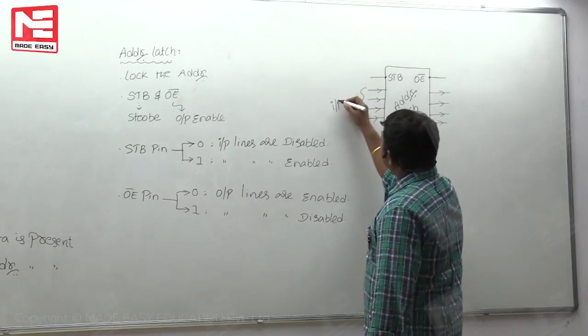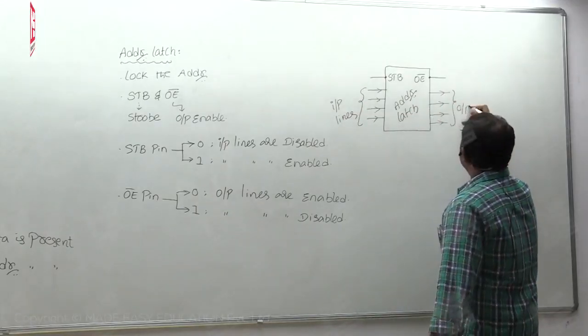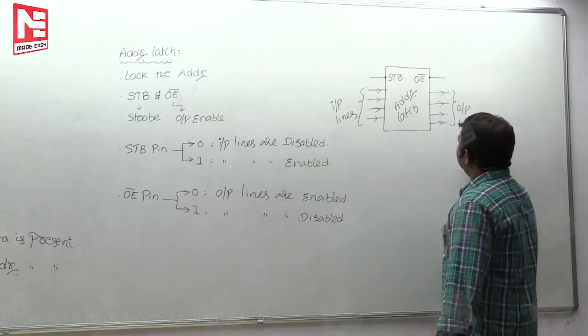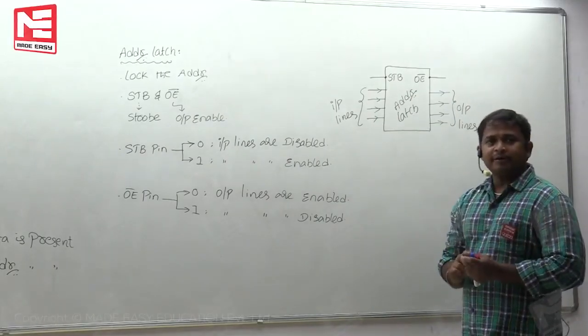These are the input lines. These are the output lines. So input lines are operated based on the STB pin, and output lines are operated based on the OE bar pin.